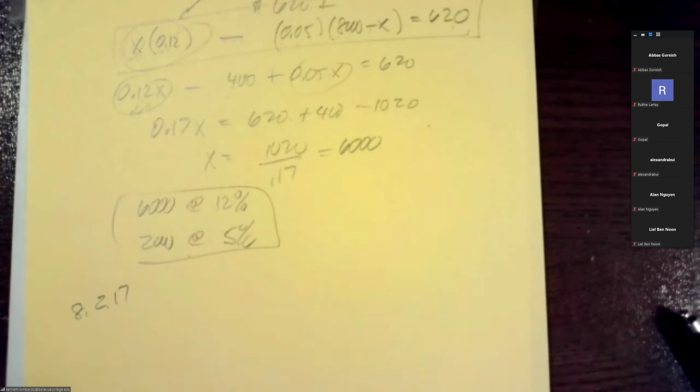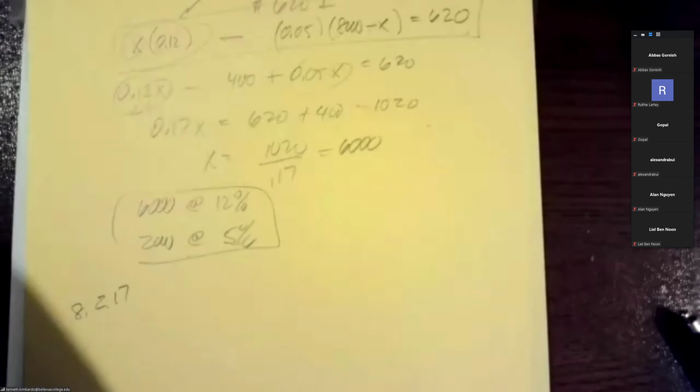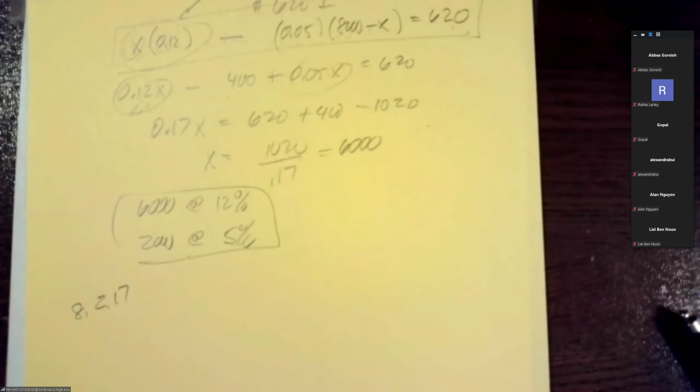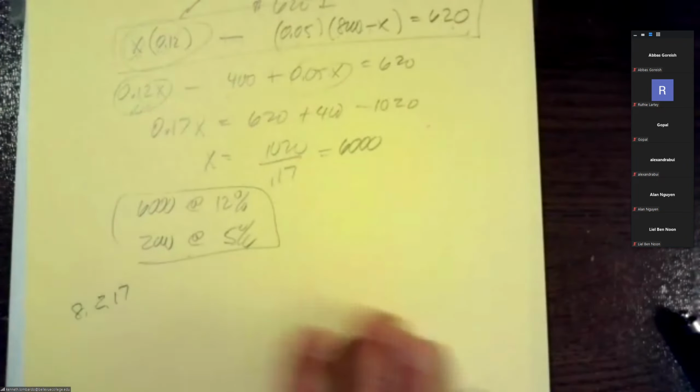Let's see if I've got the right one. Is that x plus 2y? Let's make sure I've got the right one I'm looking at here. E217.